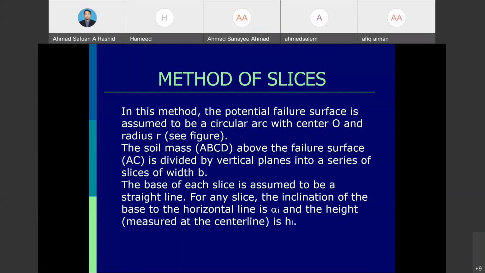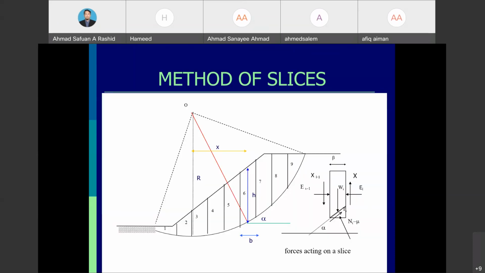For any slice, the inclination of the base to the horizontal is alpha, and the height at the center of the slice is h. This is an example of what we call the method of slices.